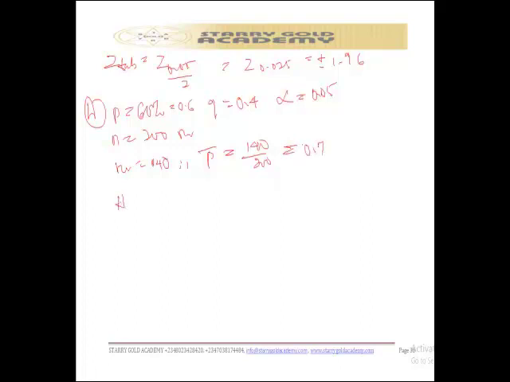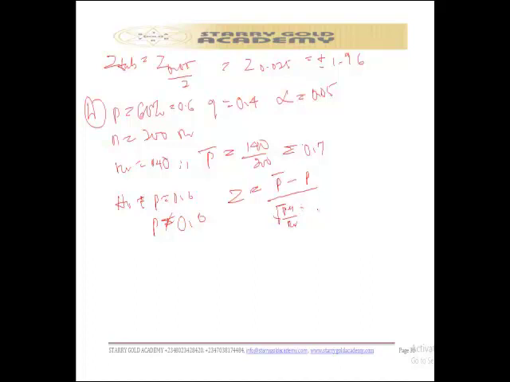Then my null hypothesis is P is equal to 0.6. So therefore Z is equal to p minus P over the square root of PQ over n.